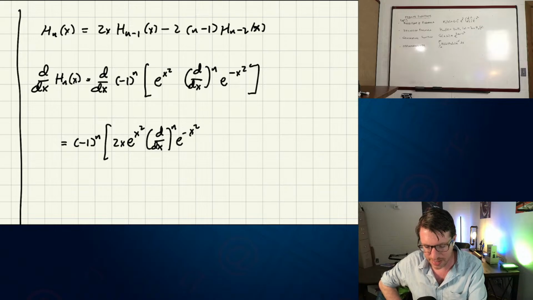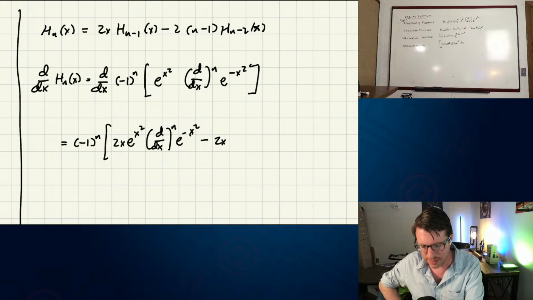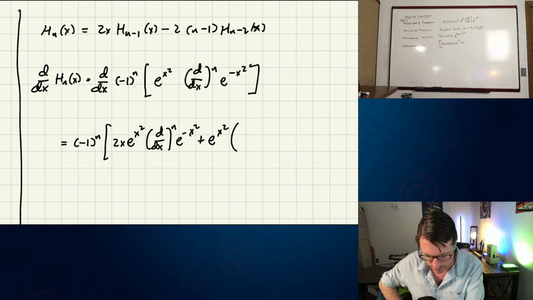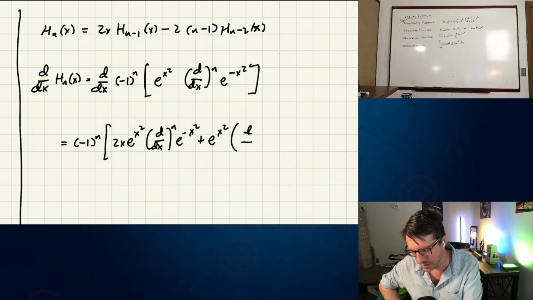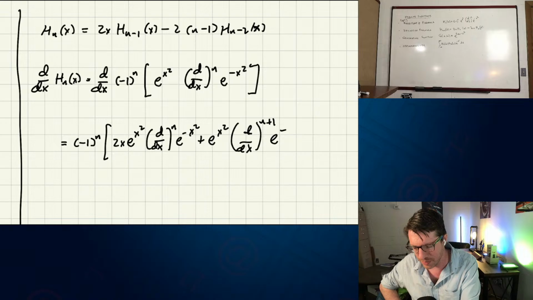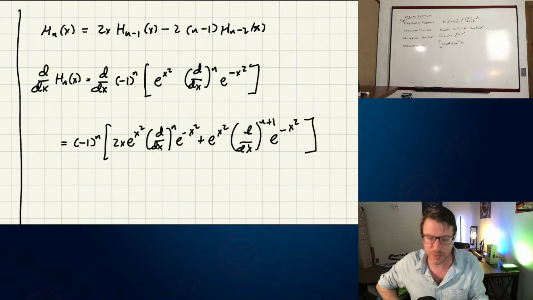And now we have, well, let's take this one step at a time. So plus e^{x^2}, and then let's do this, d/dx to the n plus 1 of e^{-x^2}. And that's what we'll do.